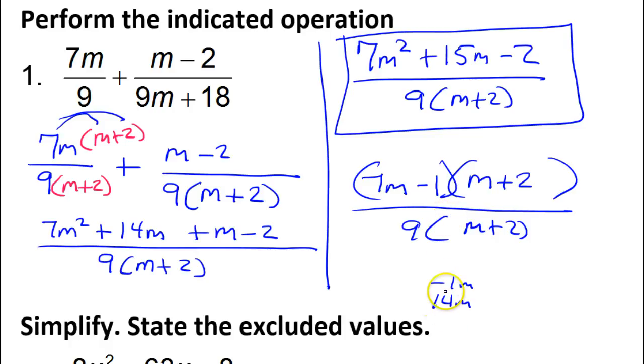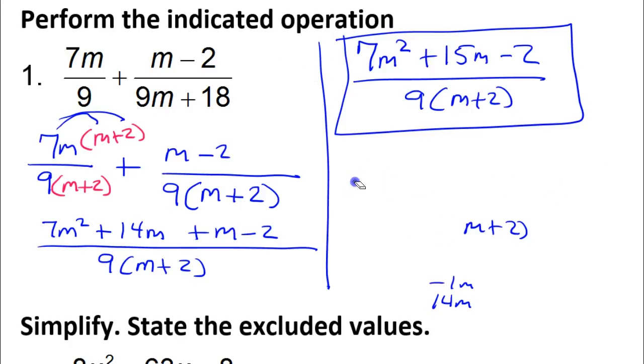But as it is, it makes 13, not 15. So it doesn't quite factor. It was close. If this had been a positive 2 instead of a negative 2, then it would have factored and canceled. But it didn't, so that's the answer.